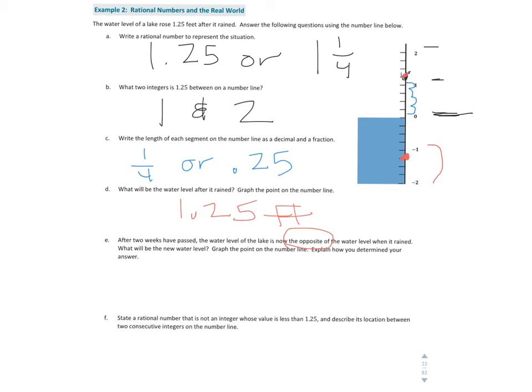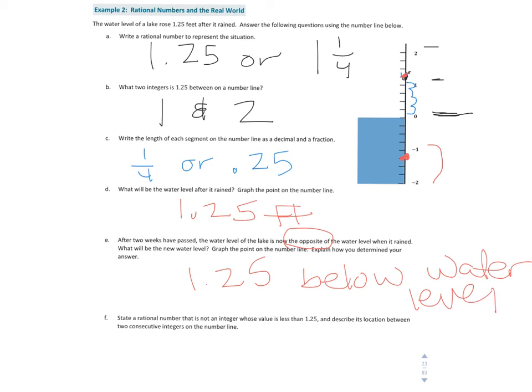I determined this because I know that it is on the opposite side of 0 in the same spot. So now it's going to be 1.25 below the original water level. And negative 1.25 is the integer to represent that.